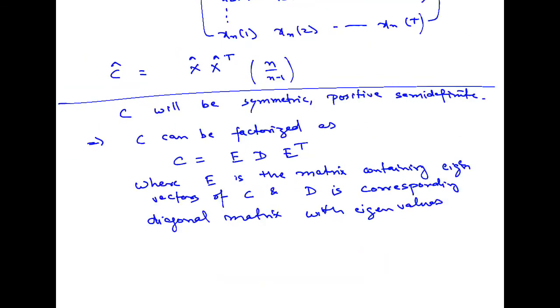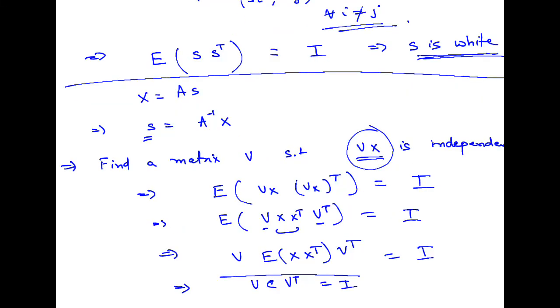So how do we do this? Now your C is E D E transpose. And what do I want? V C V transpose equal to I.